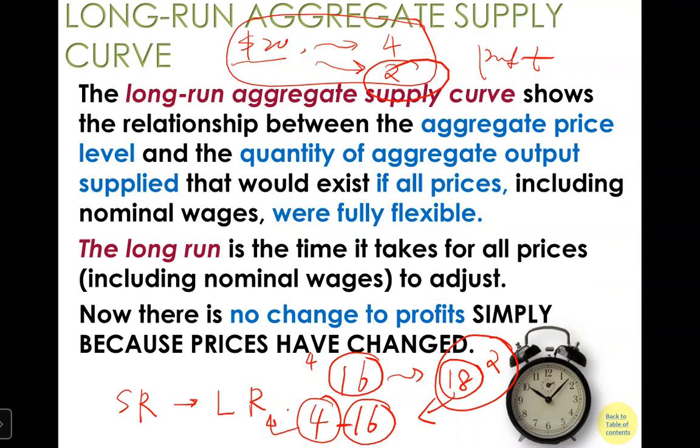Number two, we should learn that in the long run, price doesn't matter to aggregate supply. Why? Because look at this example.